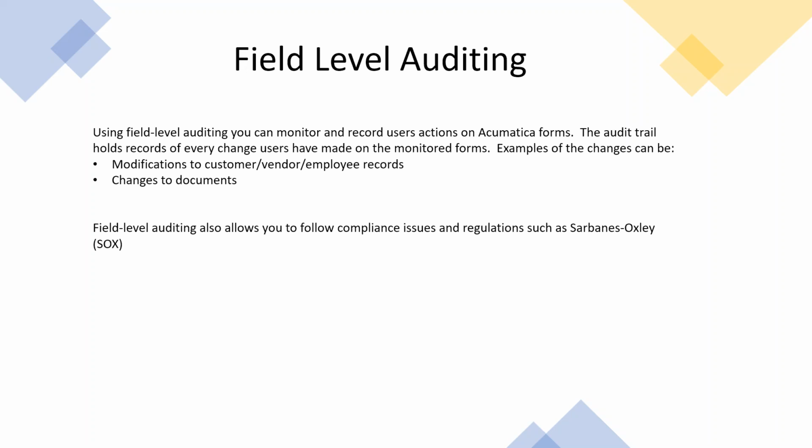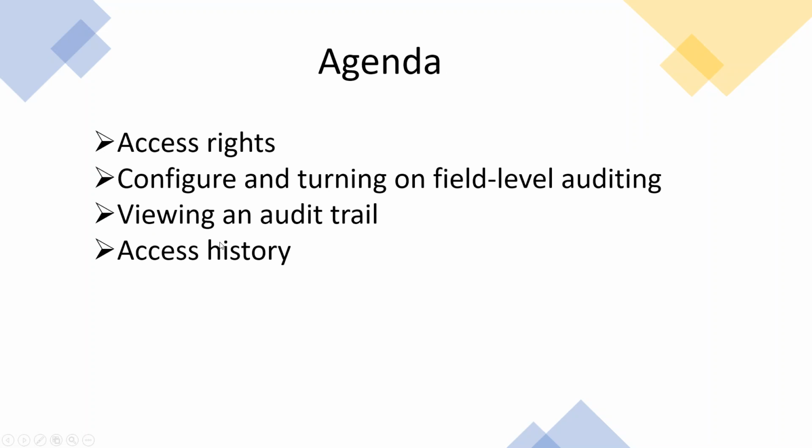So they've built into Acumatica an auditing feature that allows you to track changes to any of these fields or specific fields. So you're able to go in and pick and choose. Obviously, like I said, it allows you to follow compliance issues and regulations such as SOX.